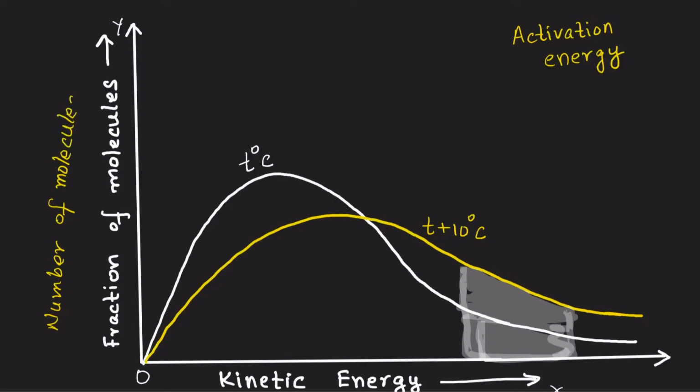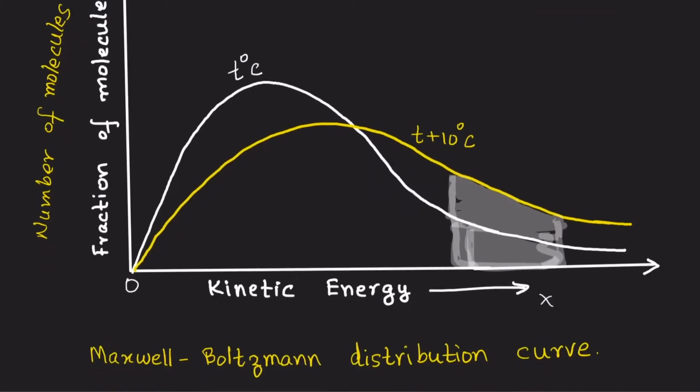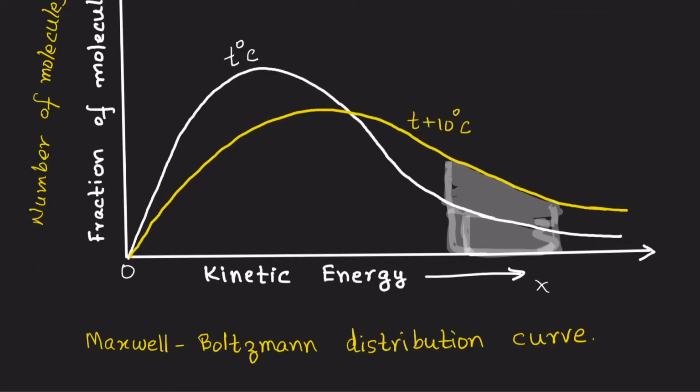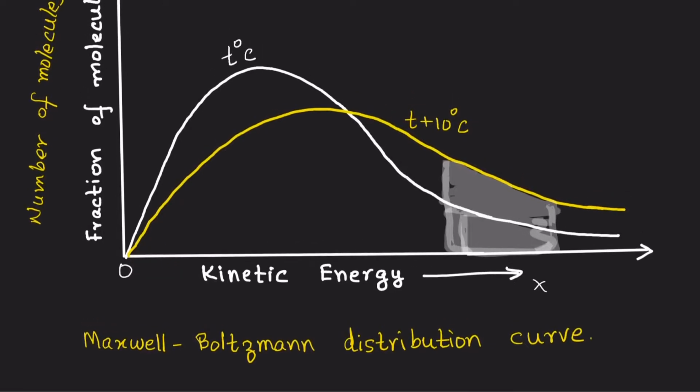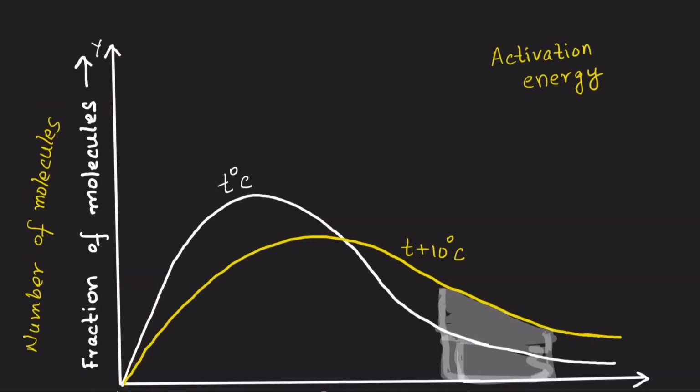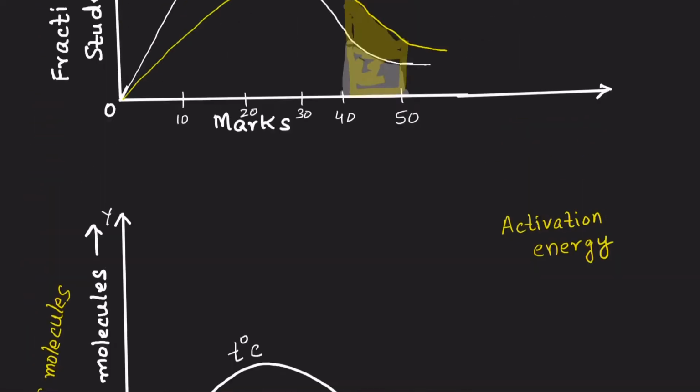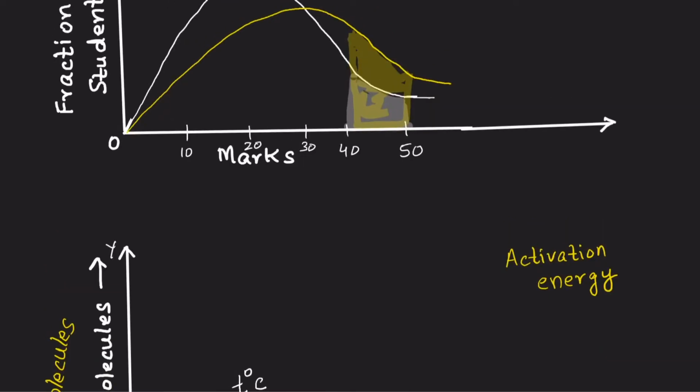It's more or less the same. You have to remember that when it is fraction of molecules, the total sum of the fractions would be 1. The concept still remains the same, right? Have you noted?